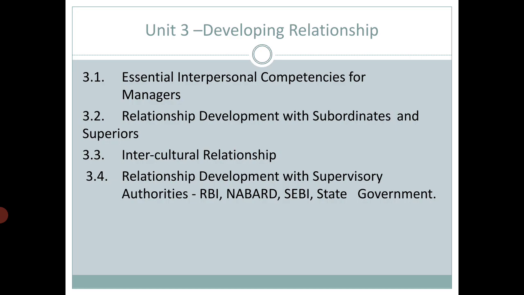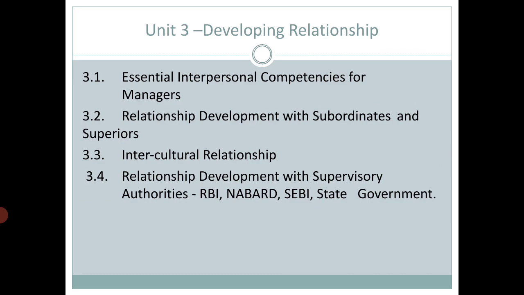Okay, then relationship development with subordinates and superiors. Here you first clear who is superior, who is subordinate. What do you mean by subordinate, what do you mean by superior? Why is the relationship between superior and subordinate needed? Subordinate means a person who is working under you, right? Superior means a person under whom you are working, right?